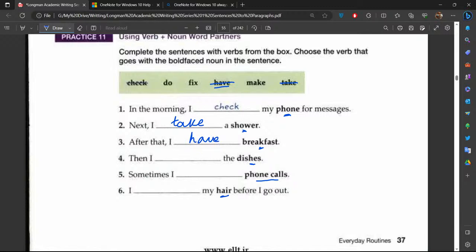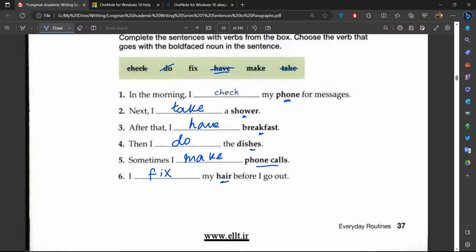Then I do the dishes. Sometimes I make phone calls. I fix my hair before I go out. Fix my hair before I go out. So all are used.